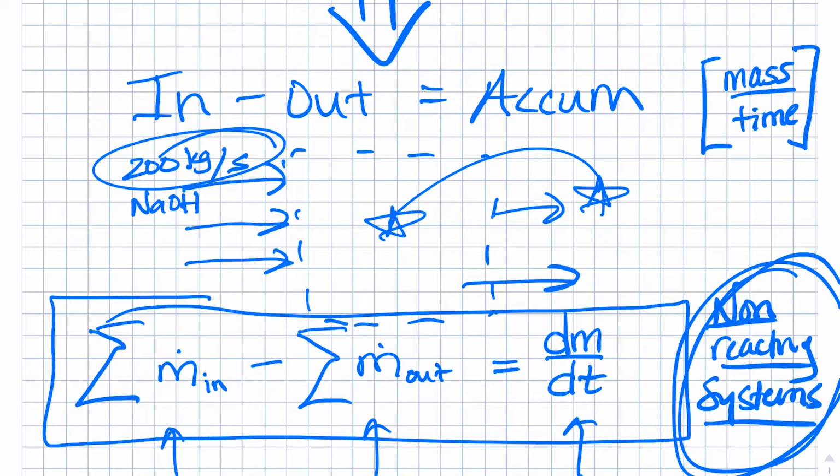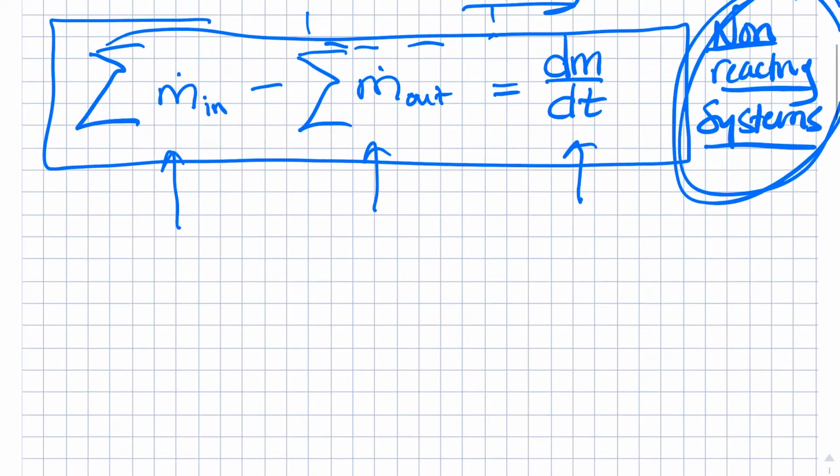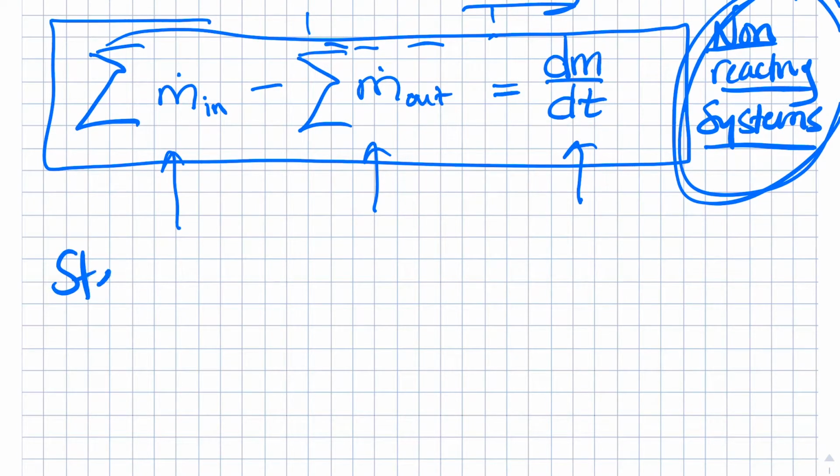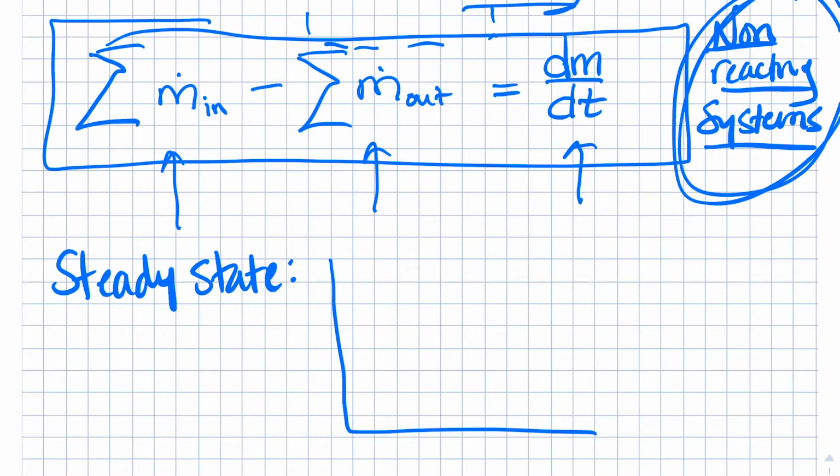Now, I also said that it is steady state, and steady state means my flow in, my flow out, none of that is changing with time anymore. It's a single flow rate. So oftentimes with processes, let's say I look at a mass flow rate in of something over time, you will have this time that it takes to reach whatever value it is that you want it to reach.